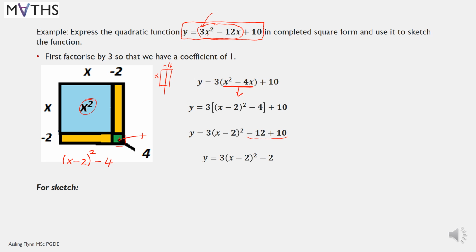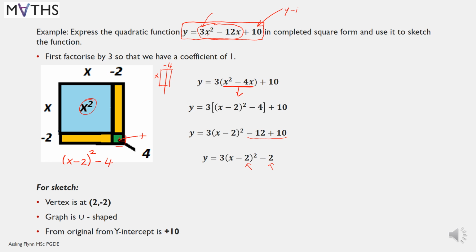So for the sketch, we can see from this value in the bracket and this value as a constant that the vertex is 2, minus 2. We also know because the 3 is positive, it's going to be a U-shaped graph. We can tell from the expanded version that the y-intercept is going to be plus 10.